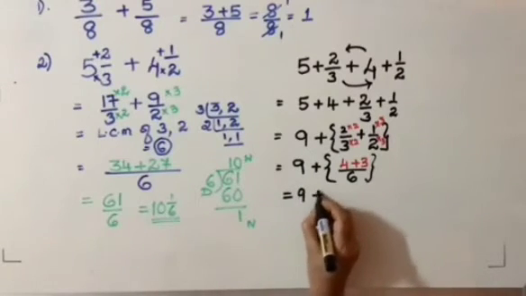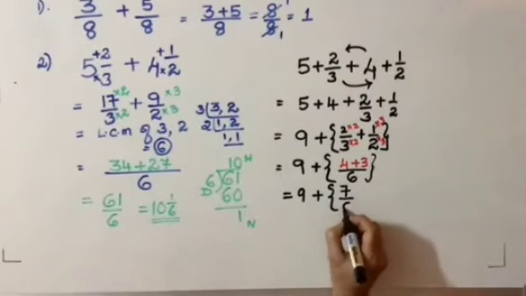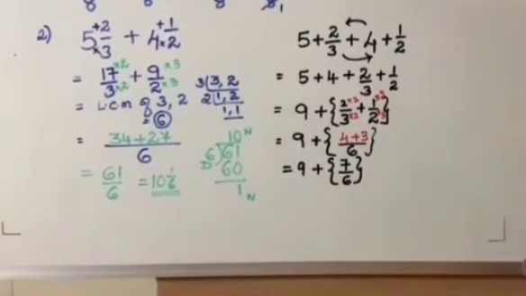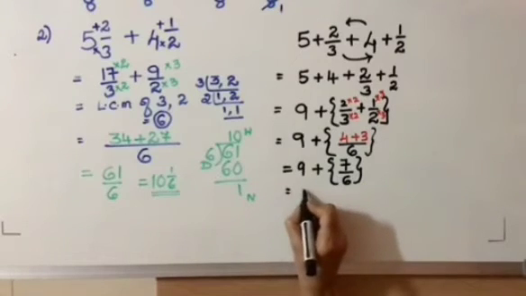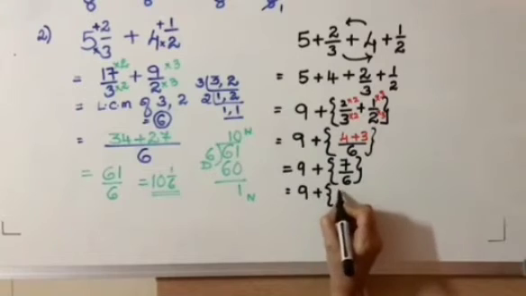9 plus 7 by 6. But what is 7 by 6? It is 9 plus 1 by 6.